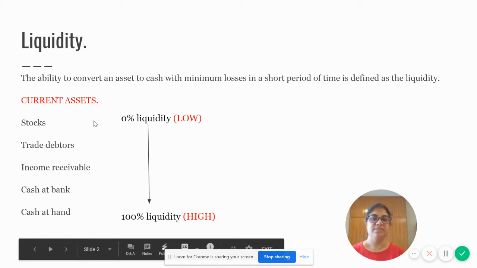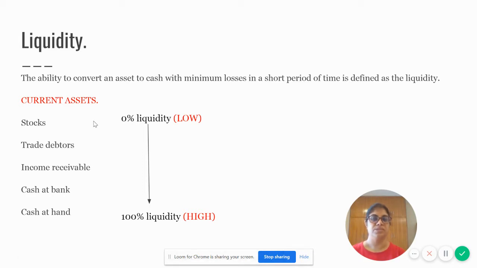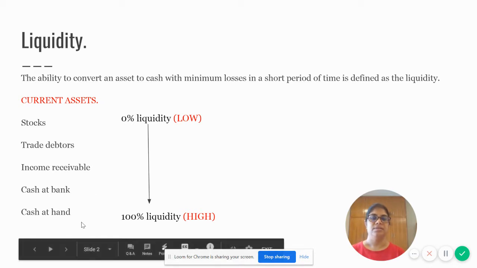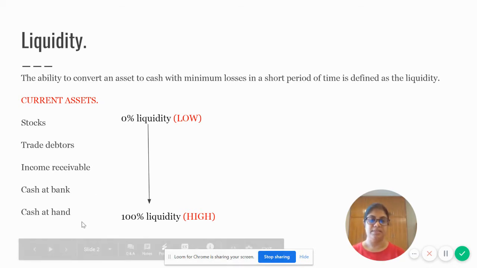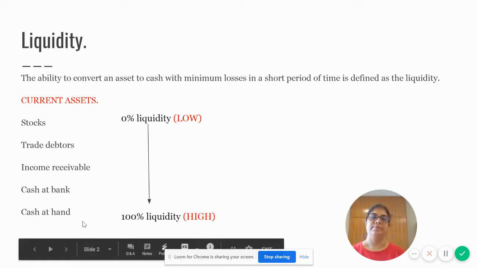Stocks come first, mainly the closing stocks, then the trade debtors, then the income receivables, which in simple terms are the incomes that we are going to receive in our next accounting period, and the cash at bank and cash at hand. You have to learn this order by heart. Okay, with that in mind, we'll move on to the other two elements.